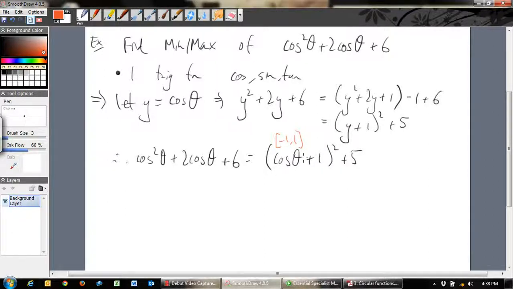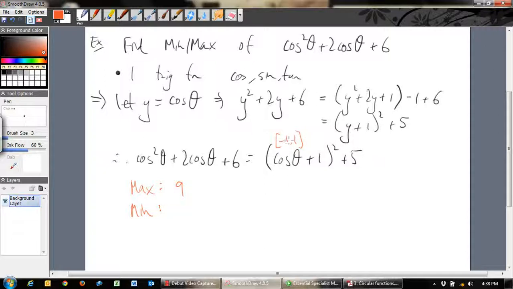But here we go. If cos theta was equal to 1, 1 plus 1 is 2, 2 squared is 4, 4 plus 5 is 9. I reckon our maximum value is 9 here. How about a minimum value? Now, don't let this fool you.